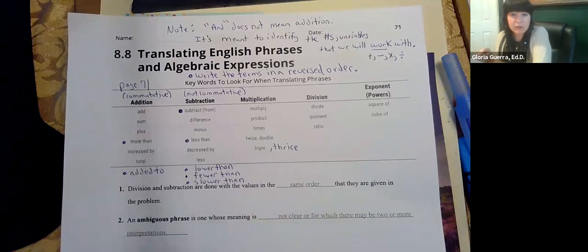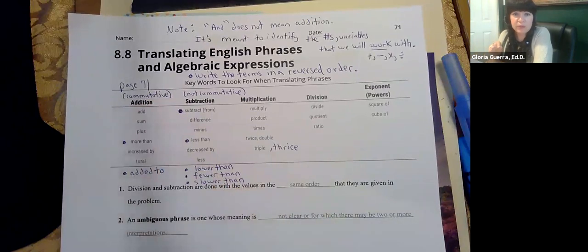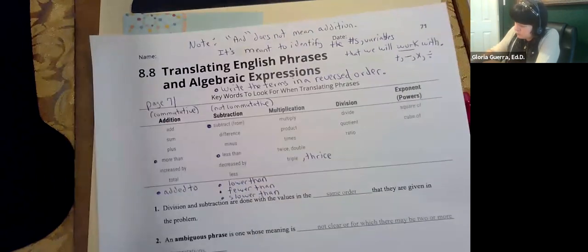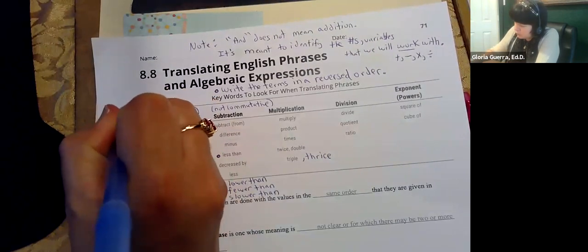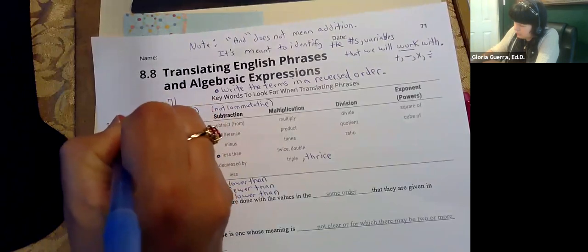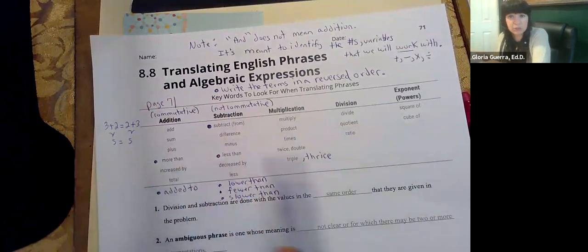Also I'll point out that addition is commutative. You know, 3 plus 2 equals 2 plus 3. This side equals 5 and this side equals 5, right? That's commutative. Addition is commutative.